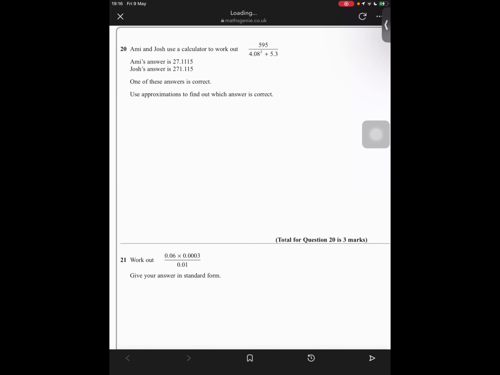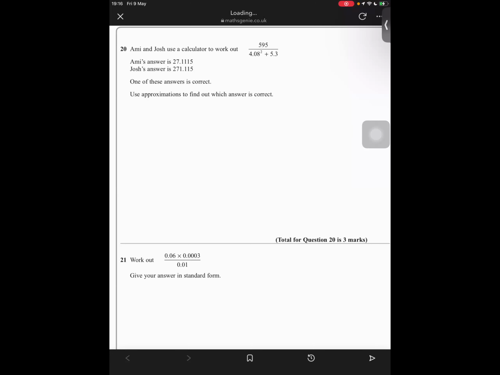What would you approximate 4.08 to? 4. Okay, so we could approximate it to 4 squared. Then what would you approximate 5.3 to? 5.